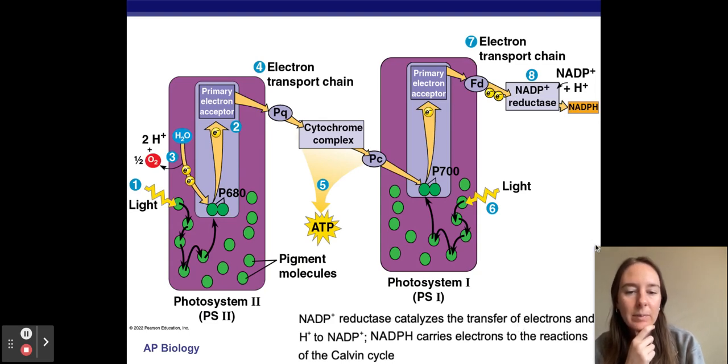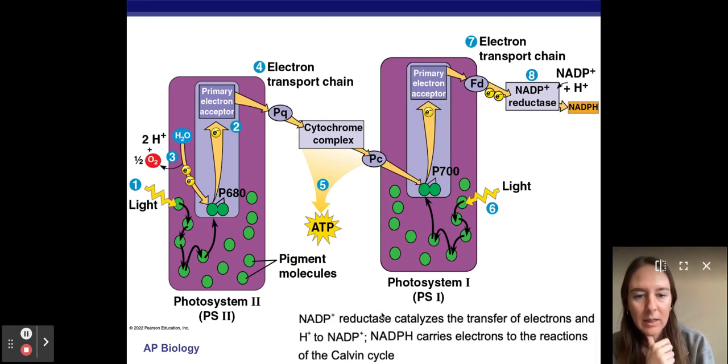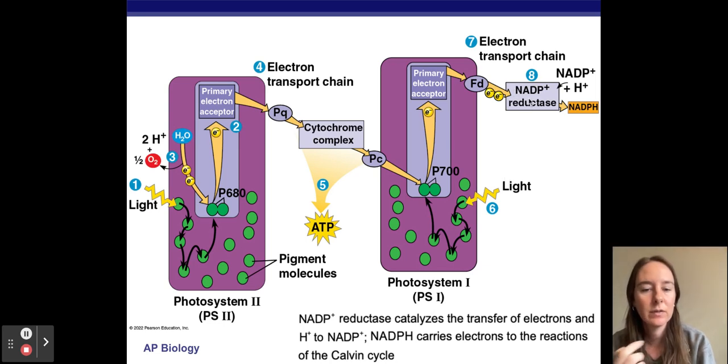Now NADP reductase, this enzyme will catalyze the transfer of electrons and H plus to NADP plus. So in order for us to attach this H plus to the NADP, we're trying to reduce this molecule, we need some electrons, right? The hydrogen, the H plus, and the positive NADP plus, those are like charges, they're going to repel.